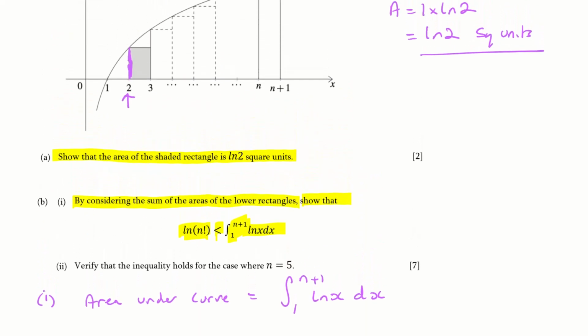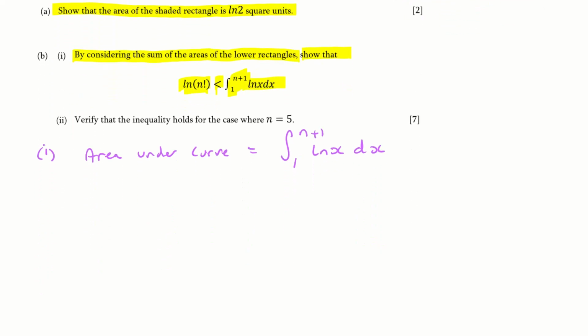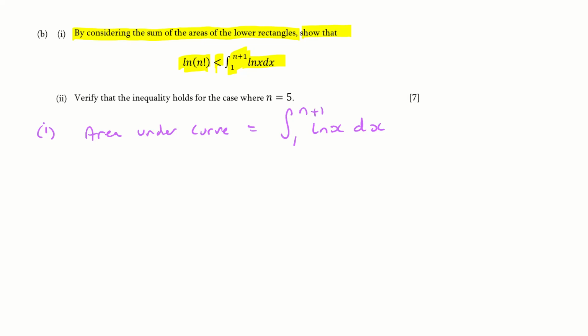We know the rectangles are under the curve, and therefore the sum of the rectangle areas, because of these areas that are left over, is going to be less than the true area under the curve.